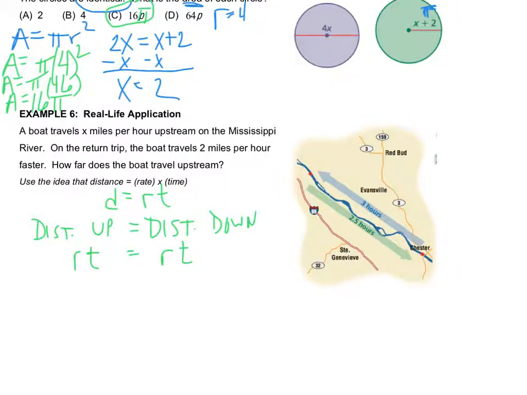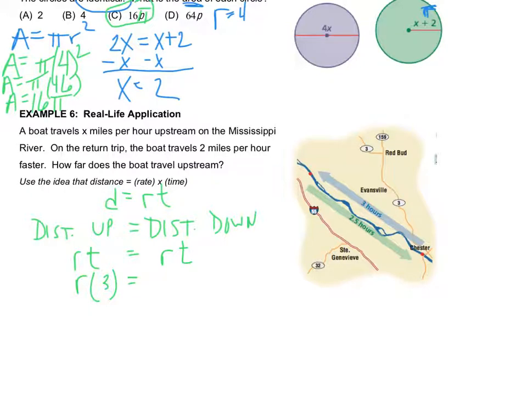So what do I know about these things? Well, I don't know the speed, so I'm going to leave that as r. What I do know on the upstream is that it's 3 hours, because t stands for time. The downstream, I don't know what the speed is, but what I do know is that the speed coming back down is 2 miles an hour faster.